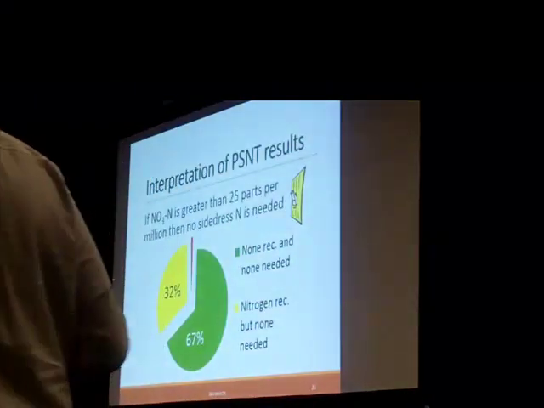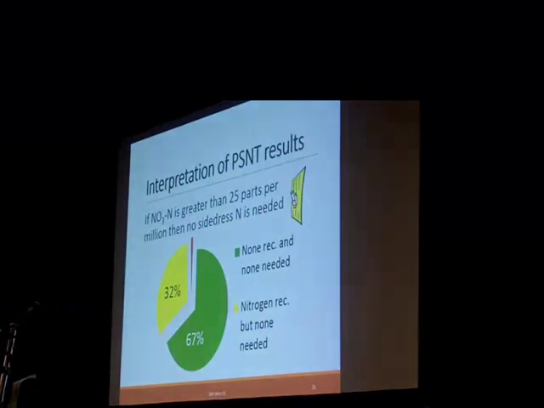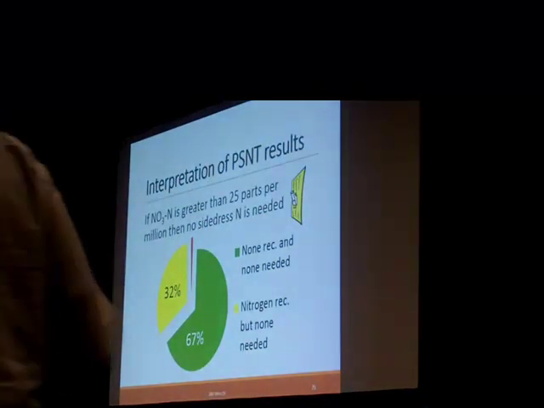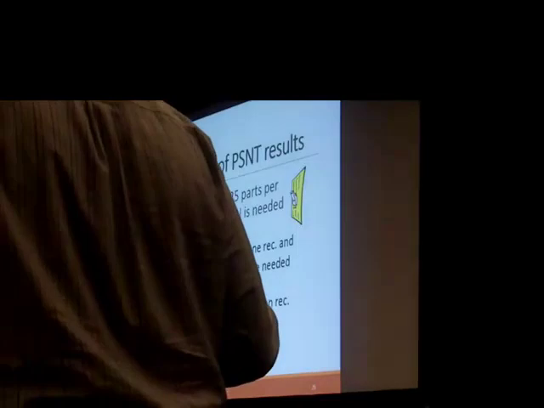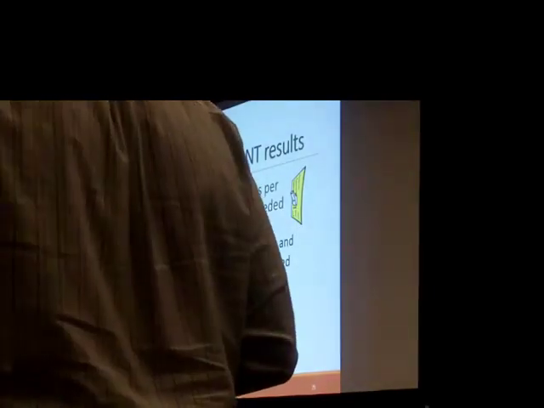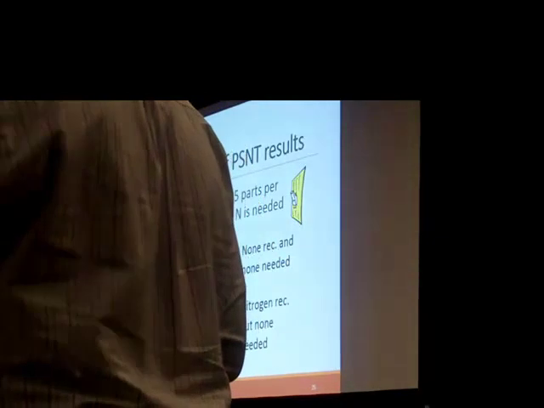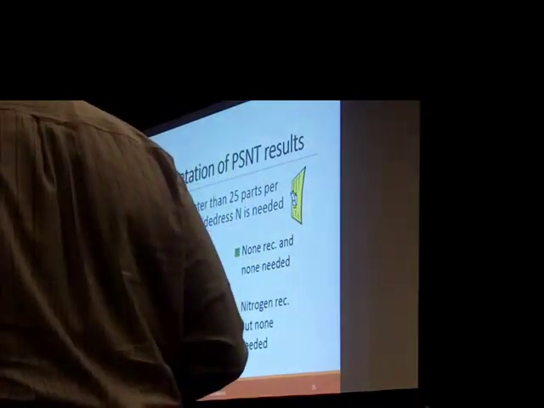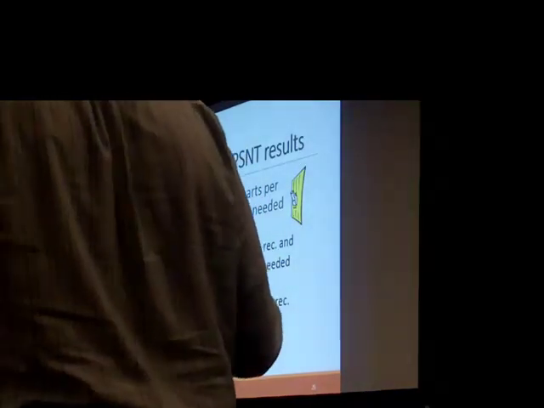But it did make a mistake quite often, about a third of the time, and the test was below 25 parts per million, which said nitrogen was needed, but in reality it actually wasn't. So you have a false positive. You don't need any fertilizer, but it would recommend fertilizer.